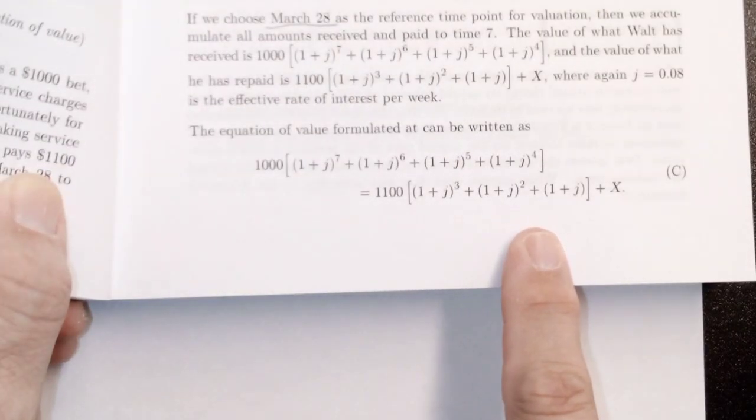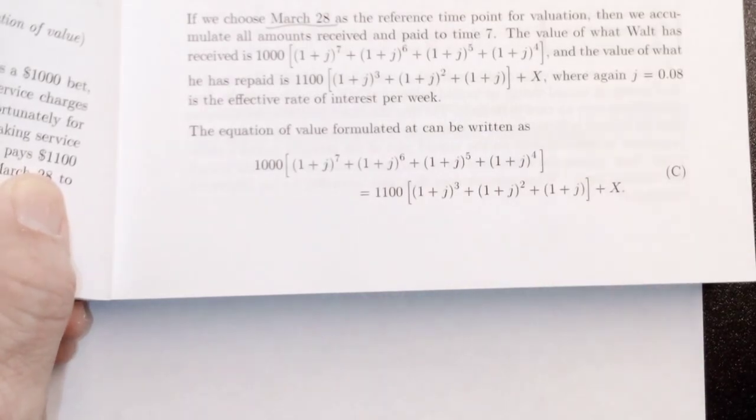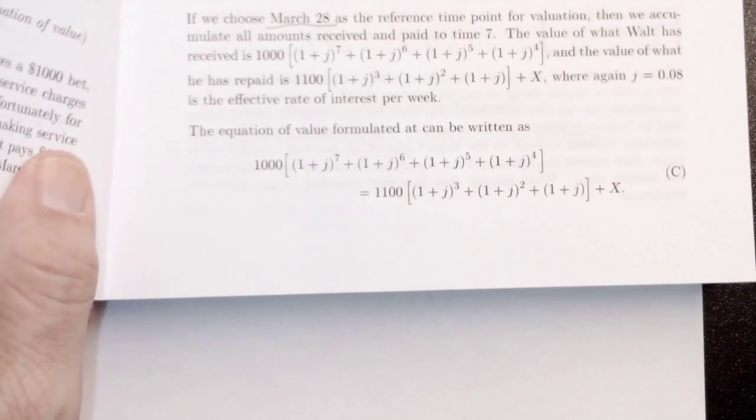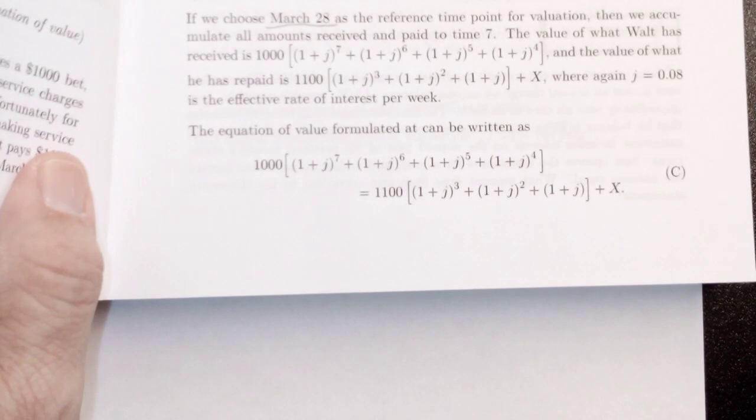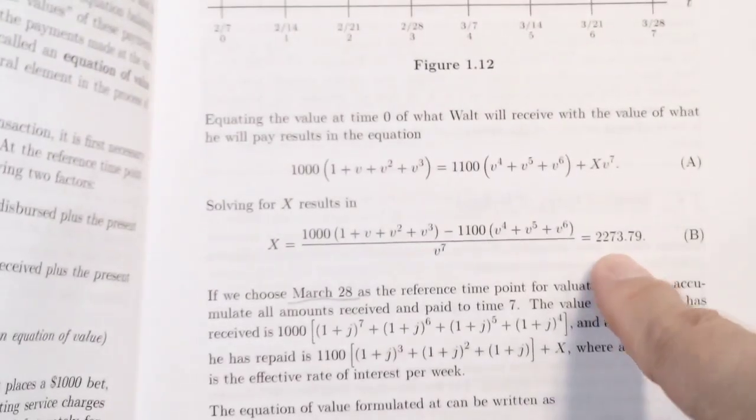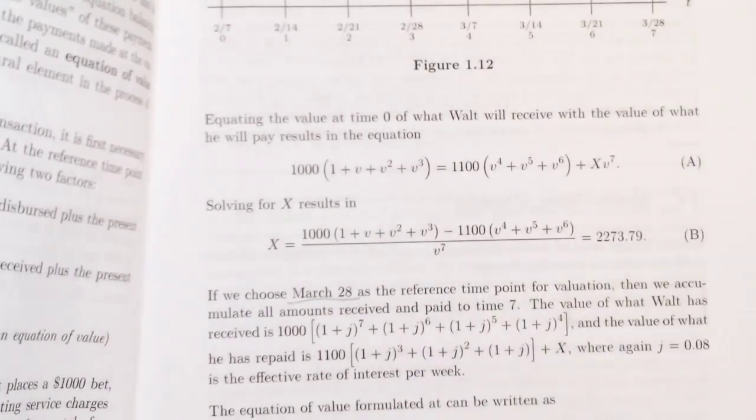You can pick any valuation date you want. As long as you move the powers appropriately to that valuation date, you'll get the right answer. And that's why we now have 3 different valuation date calculations that all give me the exact same dollar figure.